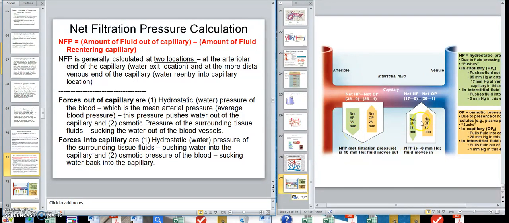We come over here to the venule end. Now, what has happened on the venule end of the capillary? The blood pressure's gone down. Why? Because of resistance in this pipe. Remember, we went along this pipe. So by going along this pipe, we went from a 35 mean arterial pressure. Let's go back. What's that slide? 71.